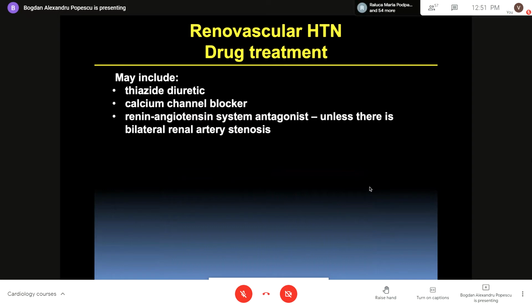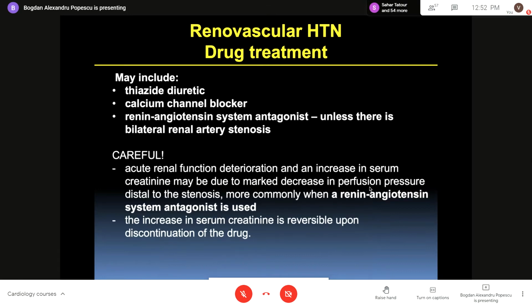When you rely on drugs, drug treatment may include thiazides, calcium channel blockers, renin-angiotensin system antagonists, unless the patient has bilateral renal artery stenosis. However, we need to be careful, and any acute renal function deterioration with an increase in creatinine may be due to a marked decrease in perfusion pressure distal to the stenosis when we use a renin-angiotensin system antagonist.